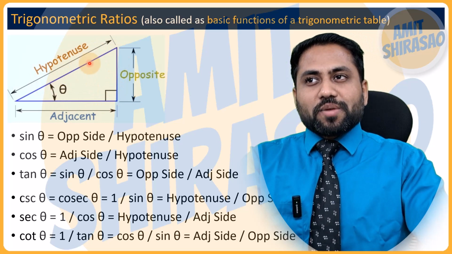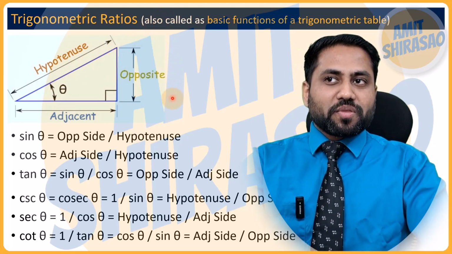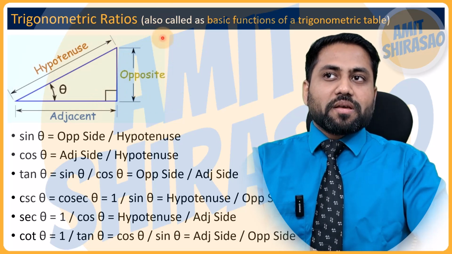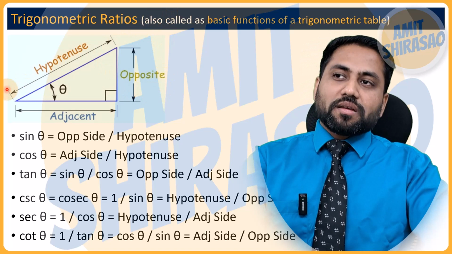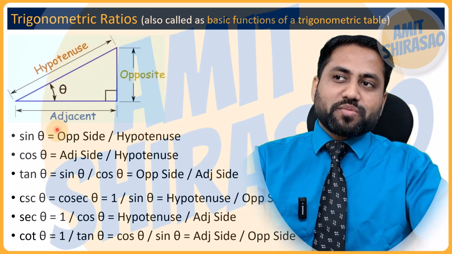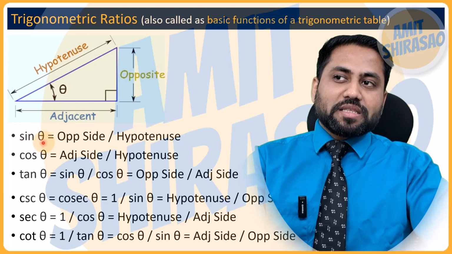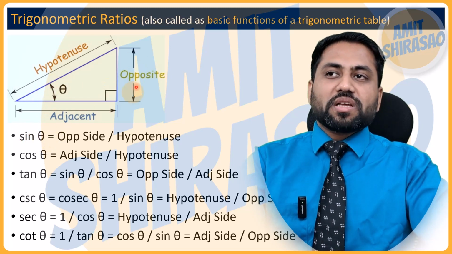Now imagine that this triangle is elongated a bit like this. Even then, this opposite side upon this big hypotenuse is also the same. The ratio remains the same, and that is why sine theta is basically a function of theta. It is not a function of the sides of the triangle.